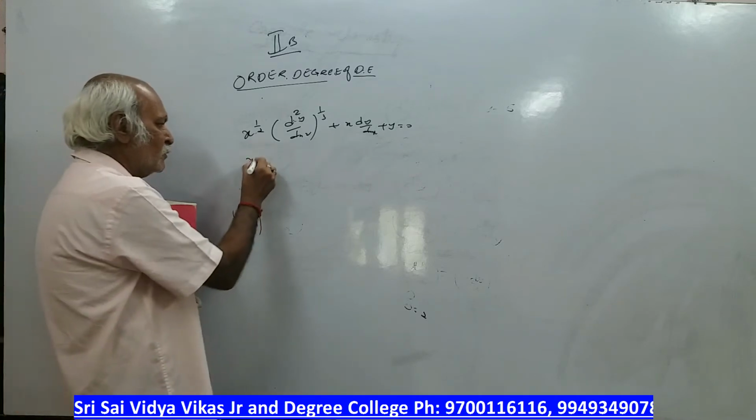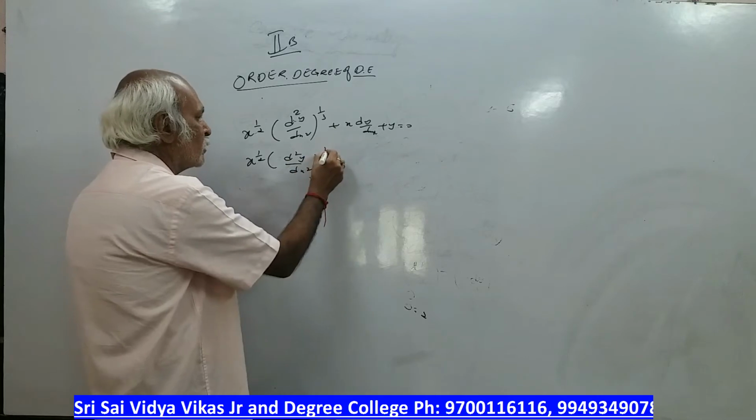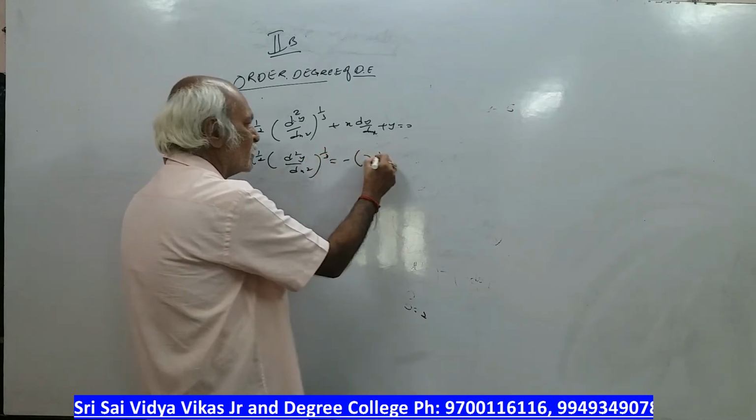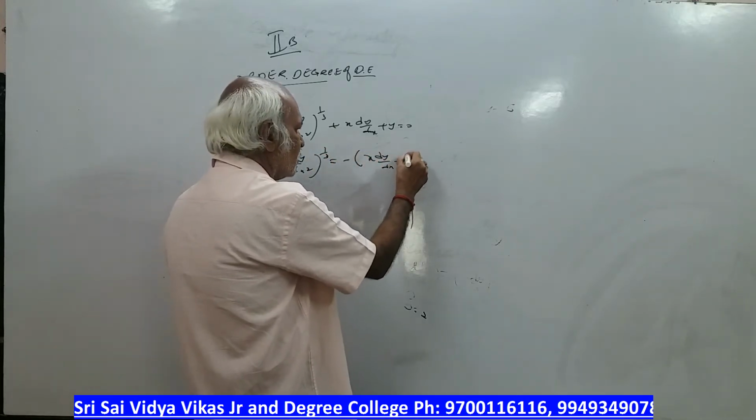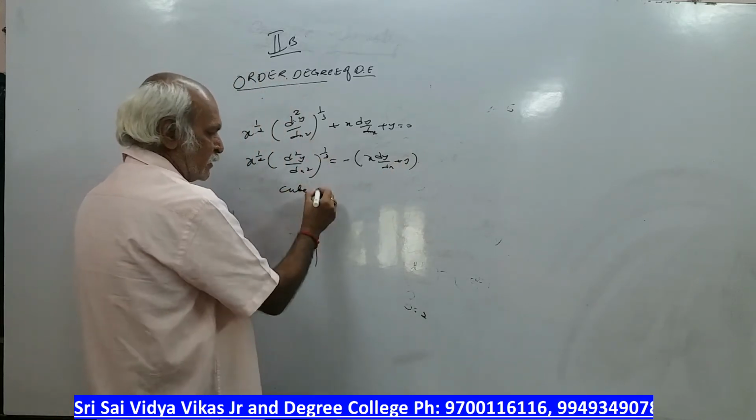So first what will we do? x by whole raised to 1 by 3 is minus of x dy by dx plus y. Now what is the power here? 3, in the denominator, sir. Cube both the sides.